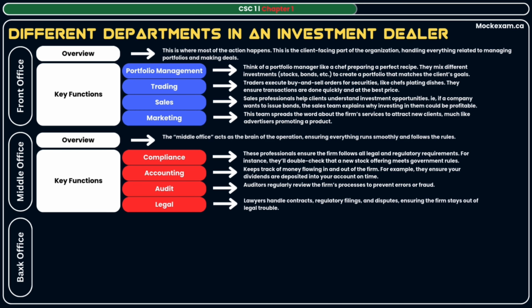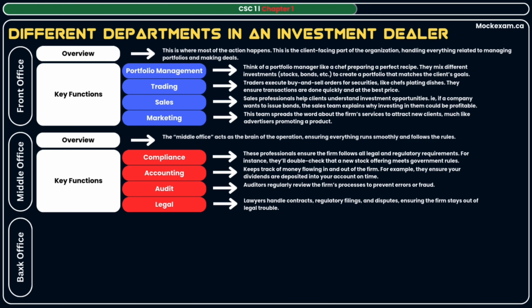Lawyers handle contracts, regulatory filings, and disputes, ensuring the firm stays out of legal trouble. In summary, if you buy shares of a company, the middle office ensures the transaction complies with all market regulations, protecting both you and the firm.